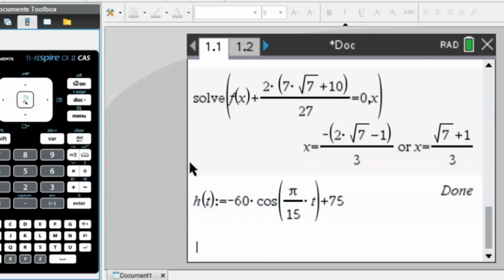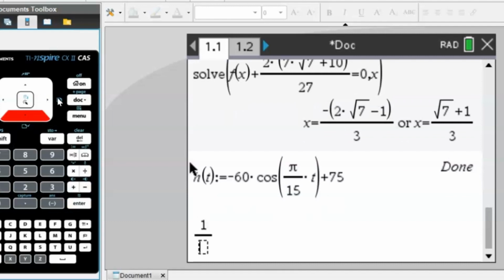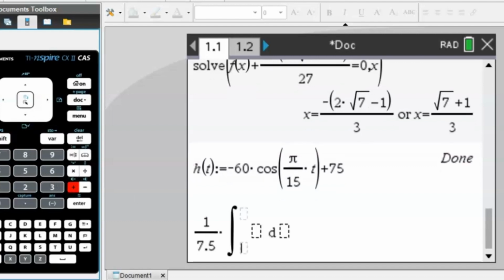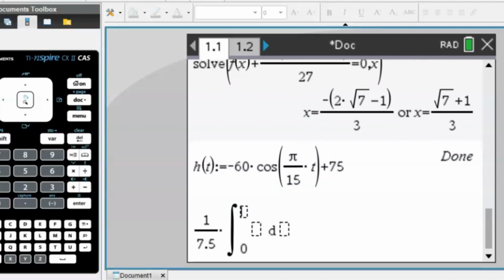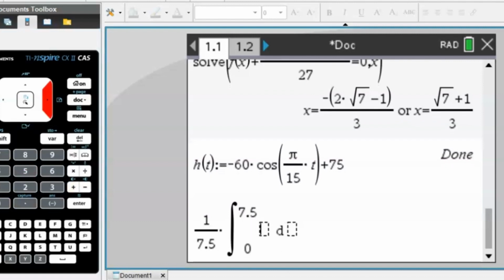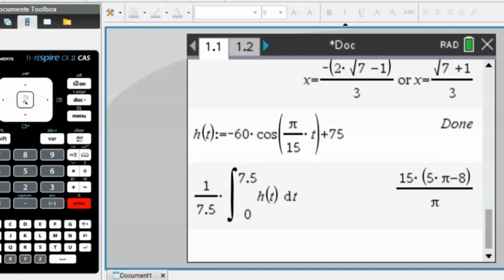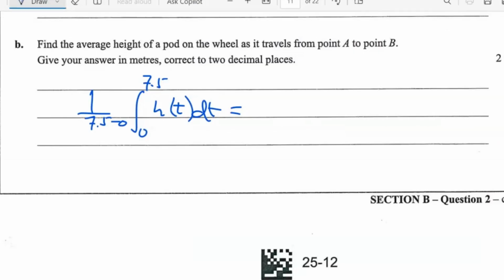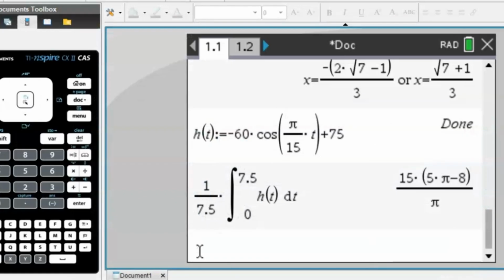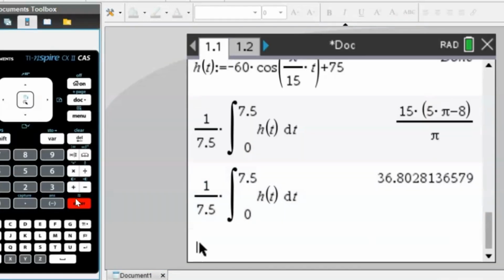So now we need 1 over 7.5 times the integration of that. So what's that? How many decimal places was that? 2 decimal places. Alright, that's 36.80.